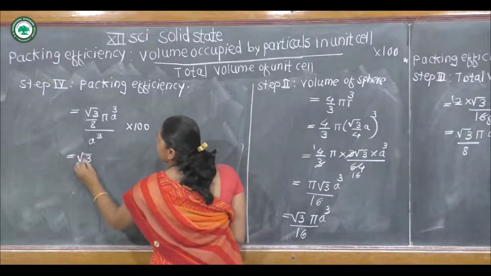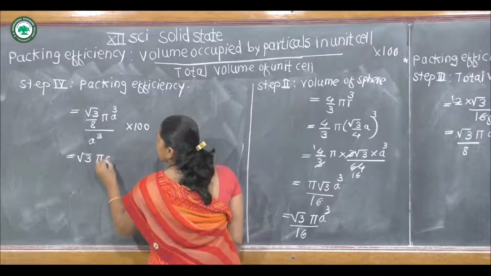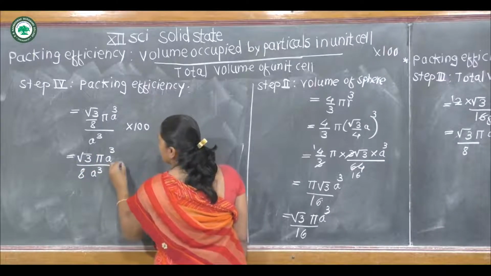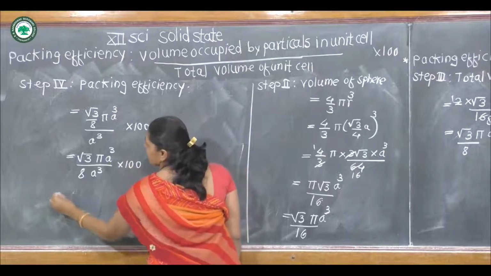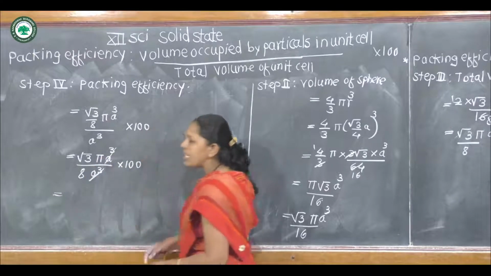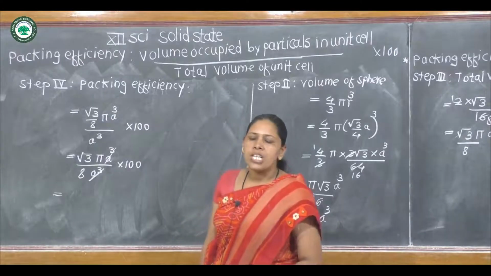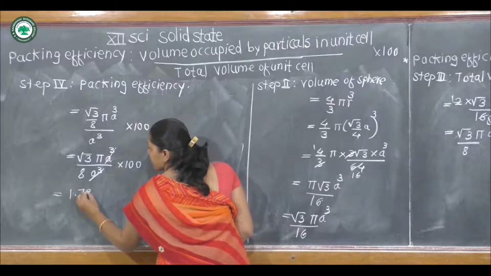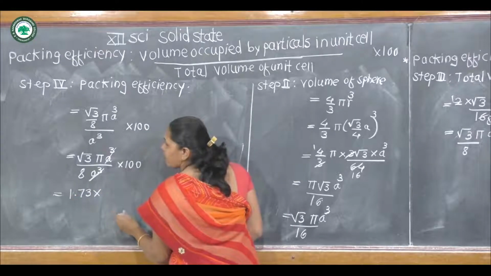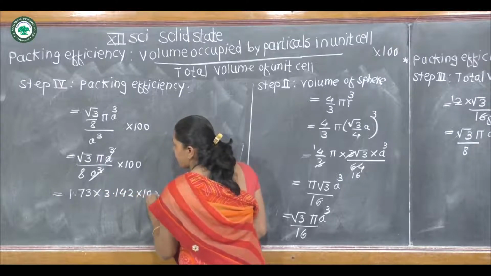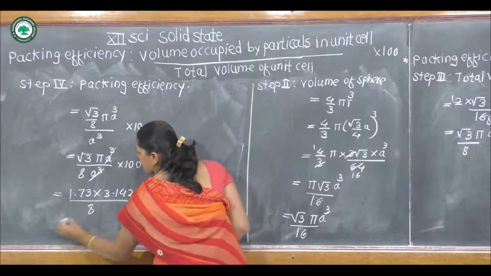By simplifying, root 3 pi a cube divided by 8 a cube multiplied by 100. a cube gets cancelled. The value of root 3 is 1.73, multiplied by the value of pi, 3.142, multiplied by 100, divided by 8.